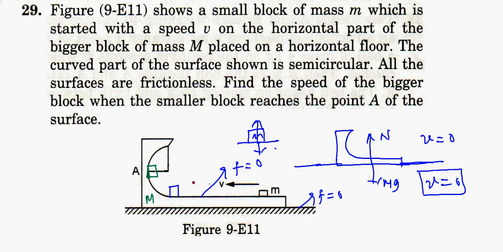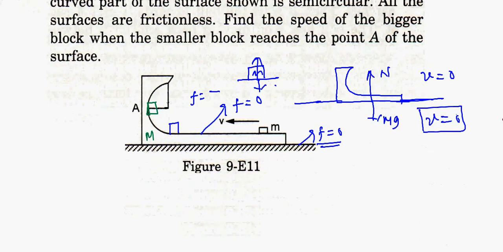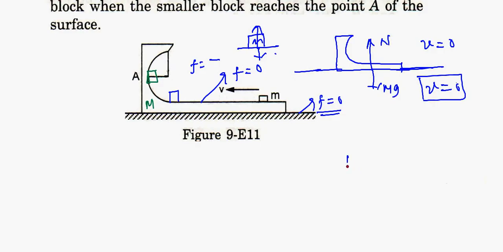If there was friction here, but no friction here, then if we'll take the small m block, it's sliding to the left, so force of kinetic friction will act on the right. So this is m into a1. Equal and opposite force of friction will act on the bigger block to the left.